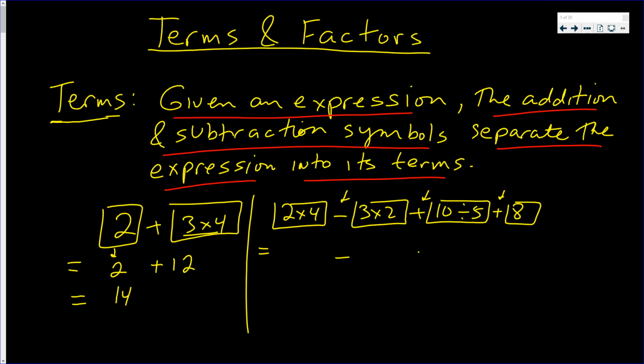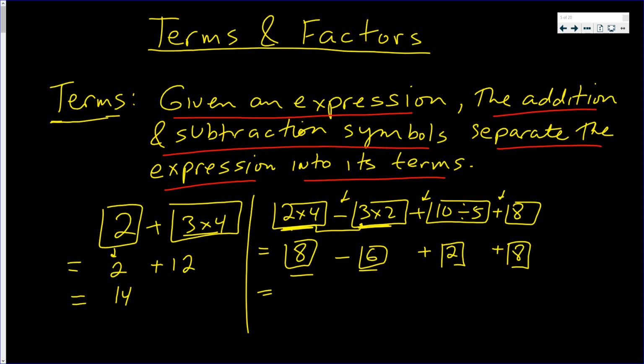Before you subtract or add, you have to know what the values are that you're adding. There is no 4 minus 3 going on here. This is 8. This is 6. 10 divided by 5, that's 2. And 8 is 8.